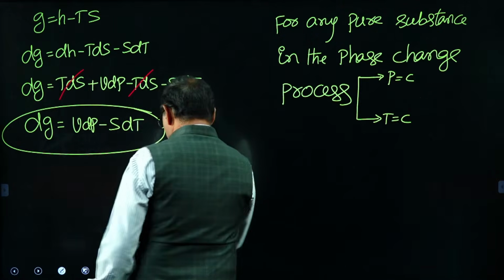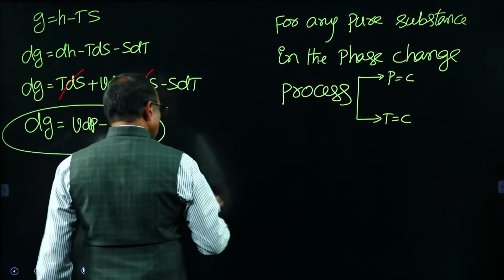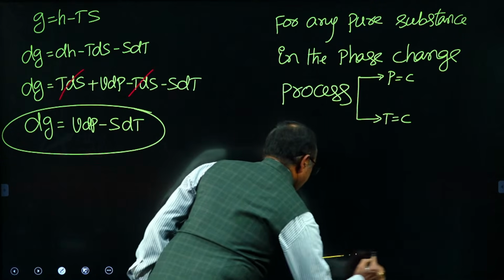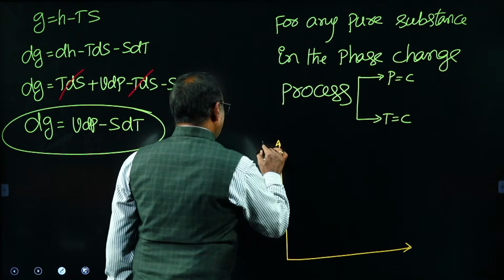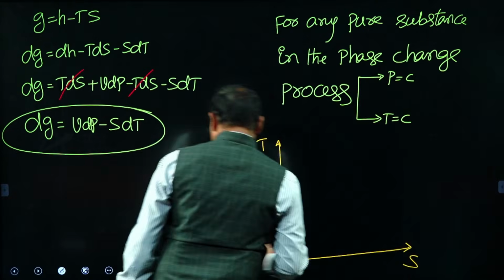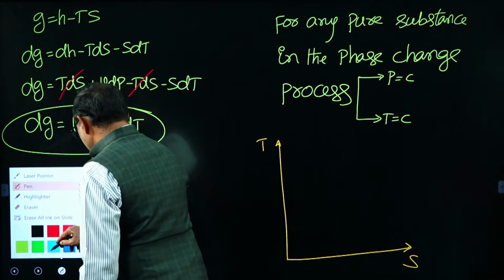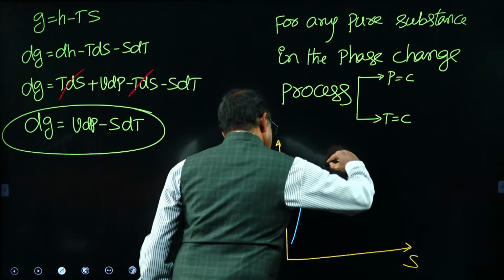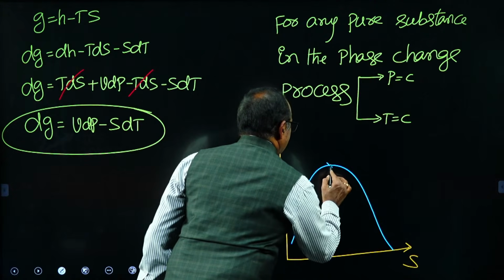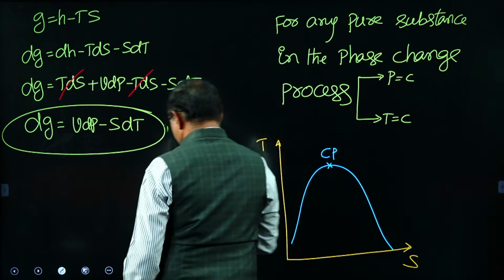You might have drawn the graph like this. If you look at the temperature versus entropy coordinate system for a pure substance, the saturation dome appears like this. The apex point represents the critical point.